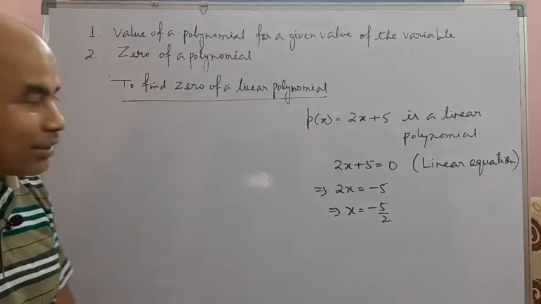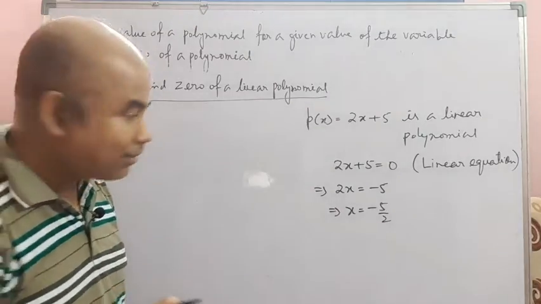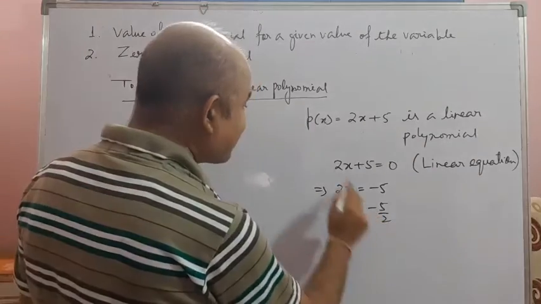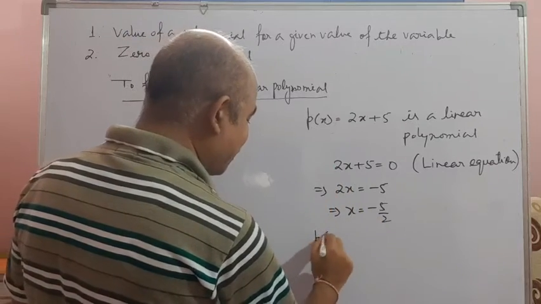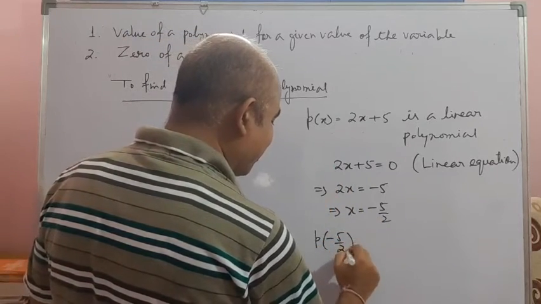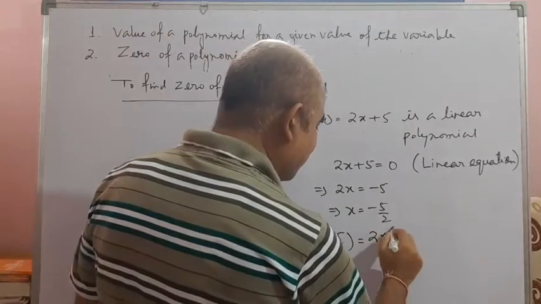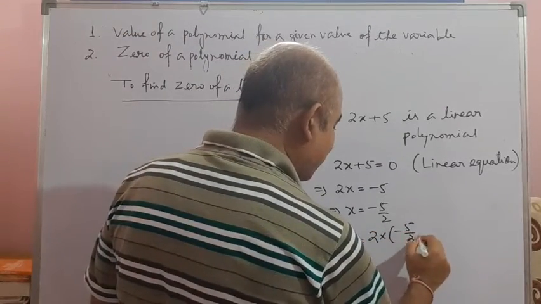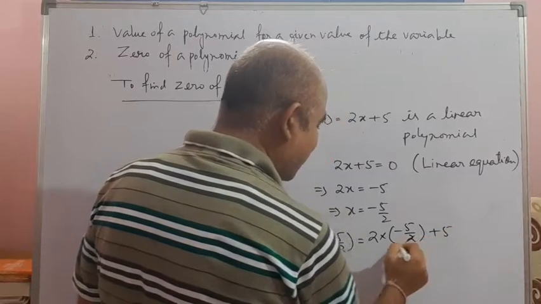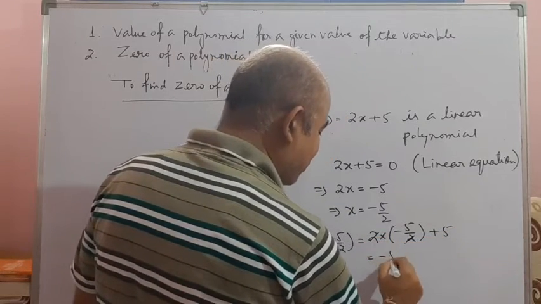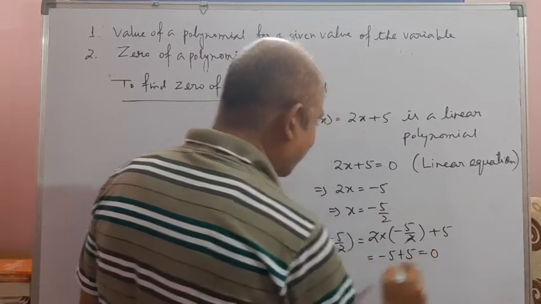All of you know this, you discussed it in class 8. Now let me put x equal to minus 5 by 2 here. That means let me calculate p(minus 5 by 2). So 2 into minus 5 by 2 plus 5, here 2 cancels, so minus 5 plus 5 equals 0.